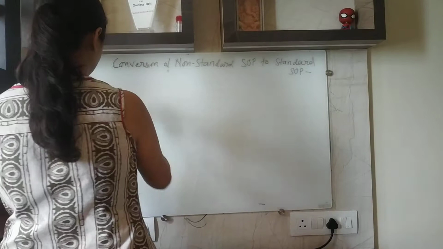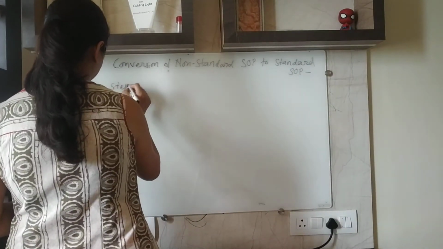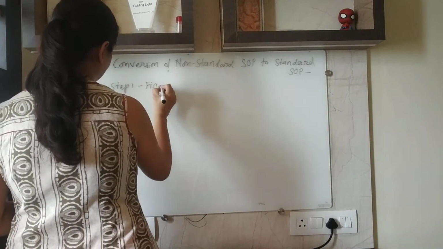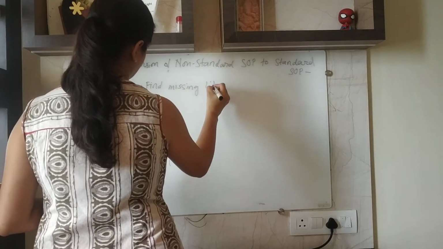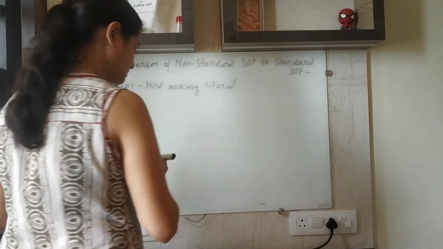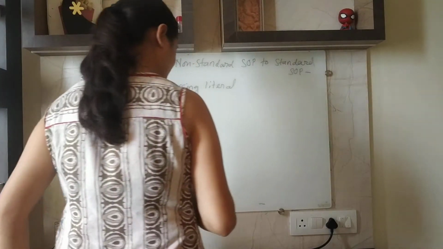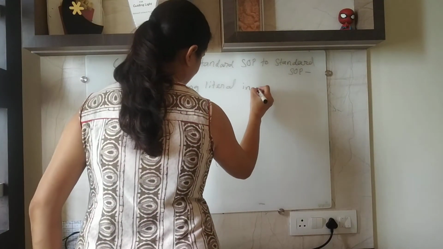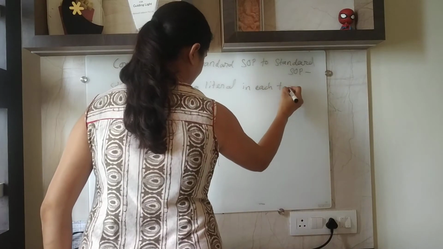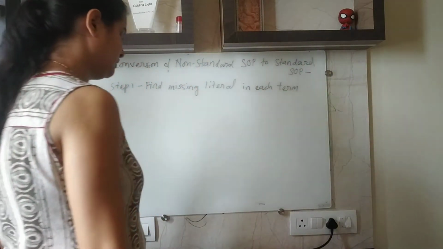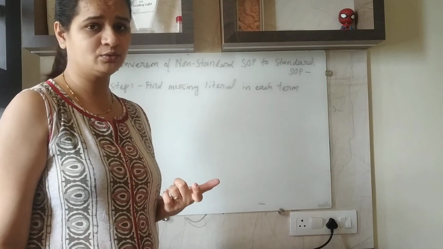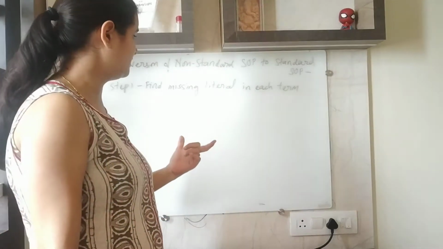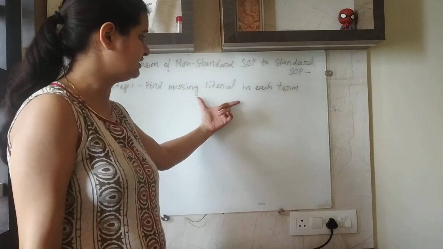So now first, step 1, find the missing literal in each term of the non-standard SOP equation. Whatever the equation given to you, in that equation you have to find out the missing literal, right?